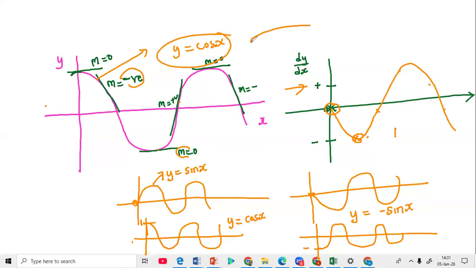But the resultant we have obtained, members, which graph are we getting there? For which function is that? Very good, very good. Zion, Claire, Linda. Yes. So that is for negative sine.